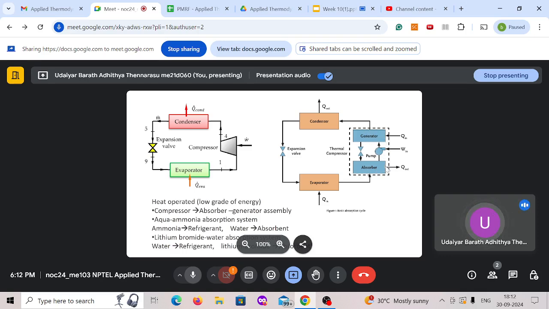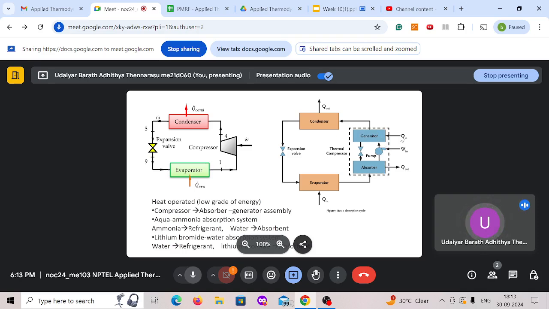The absorber will reject heat, because whatever comes from the evaporator will be ammonia. So ammonia will mix with water, so that water will contain a lower amount of ammonia which is coming through the valve. In the absorber there is heat rejection, and this mixture is pumped through the pump to the generator.